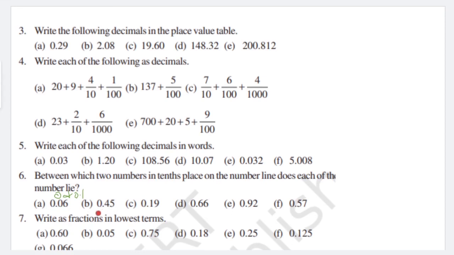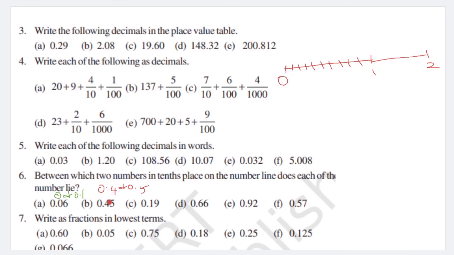The next one, 0.45. This will be lying between 0.4 and 0.5. See, you have a number line. This is 0, and this is 1, this is 2. See, 0 and 1 will be divided into 10 equal parts. 1, 2, 3, 4, 5, 6, 7, 8, 9. 9 markings means there will be 10 divisions.